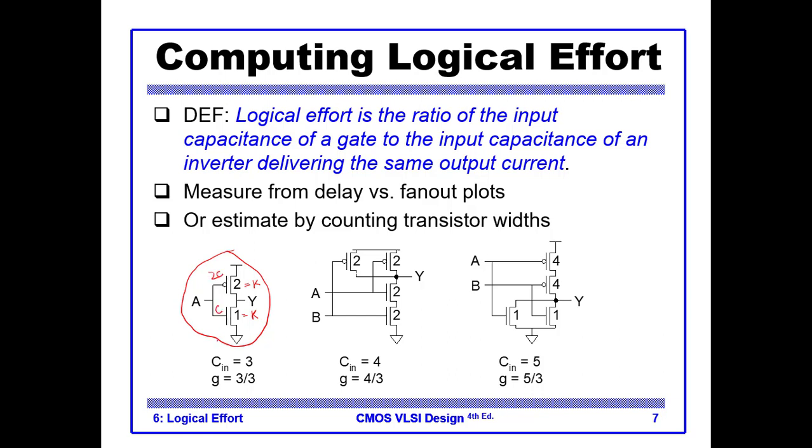Here it becomes C, both are in parallel, so the Cn is basically 3. And because the inverter is our reference, G is basically 3 divided by 3, which is 1. So the logical effort of an inverter is always 1.